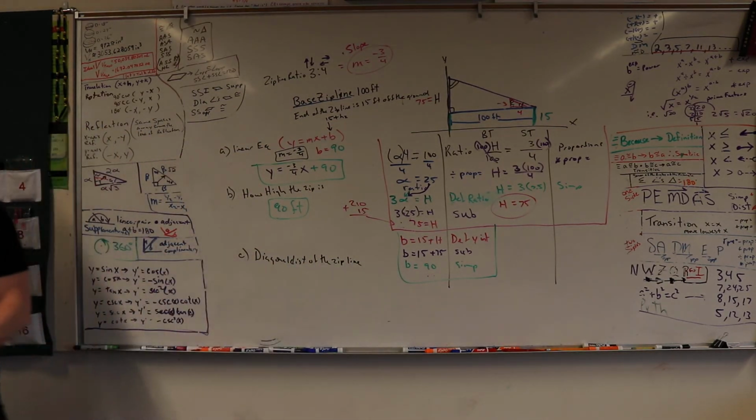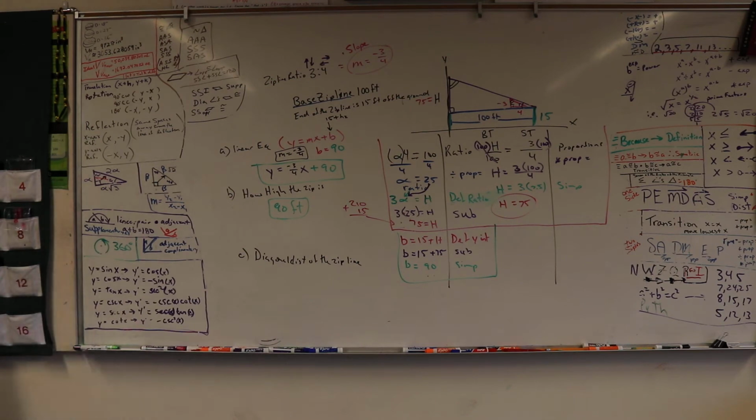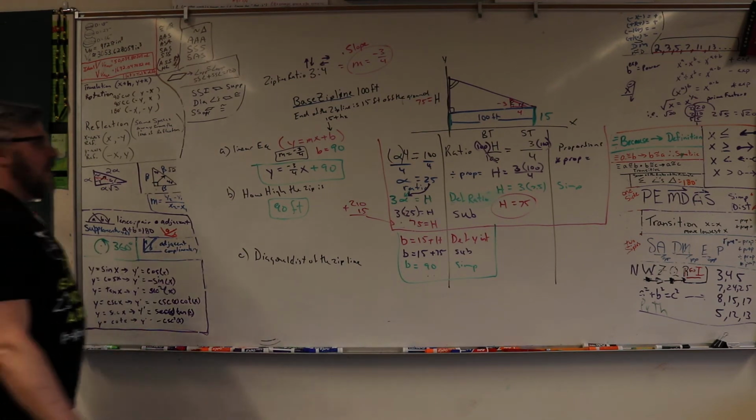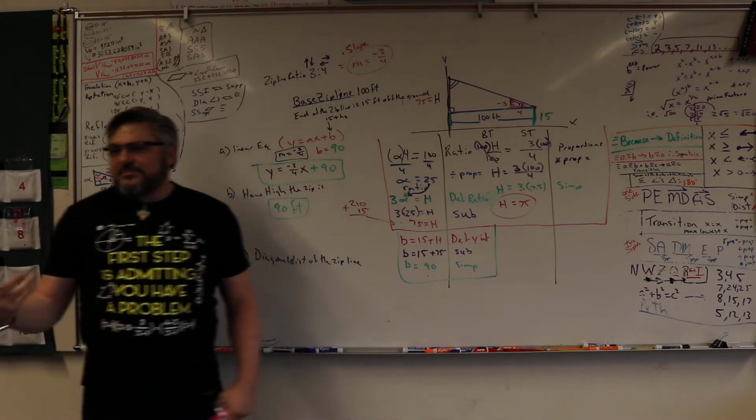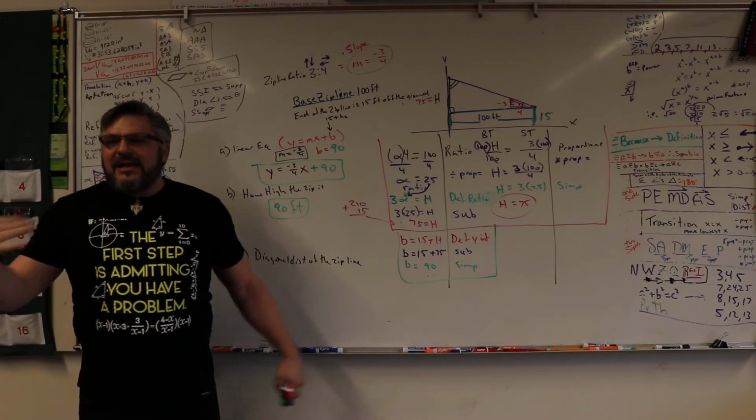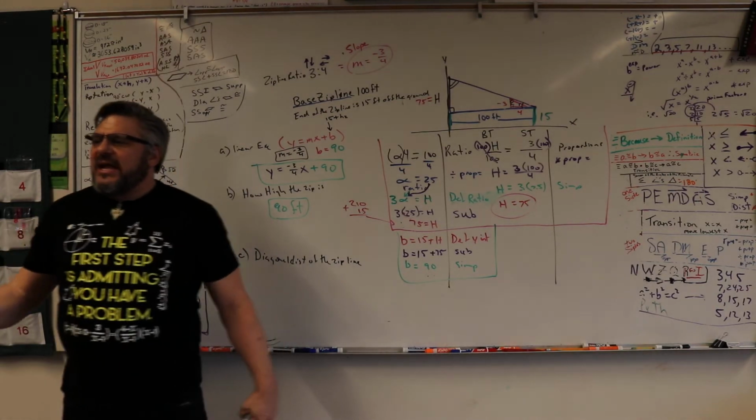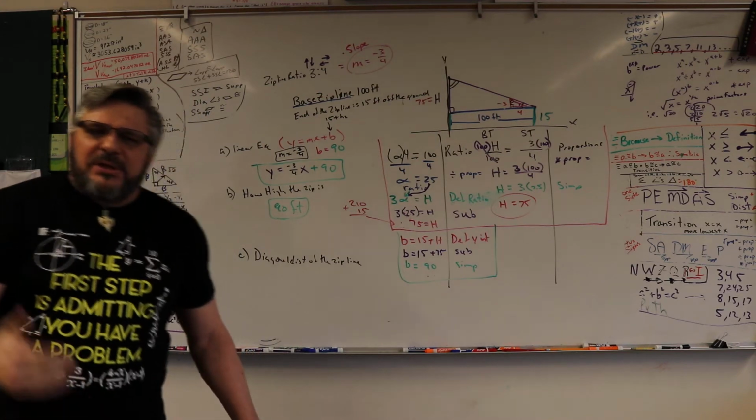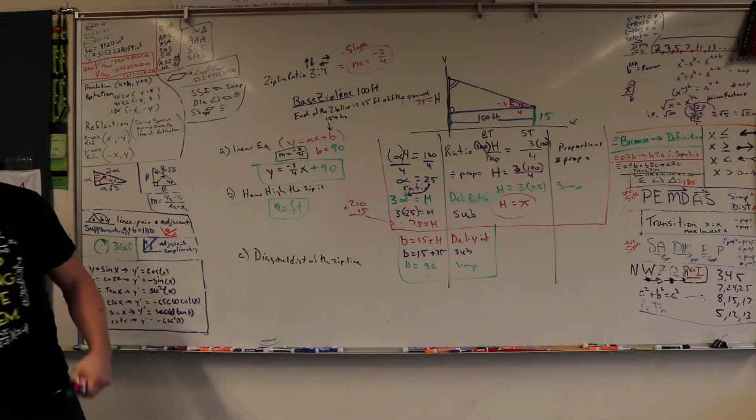Now how are we going to find your diagonal side? Now this one's easy. Some of them aren't that easy. Some of them you have to do Pythagorean Theorem. A squared plus b squared equals c squared, right?